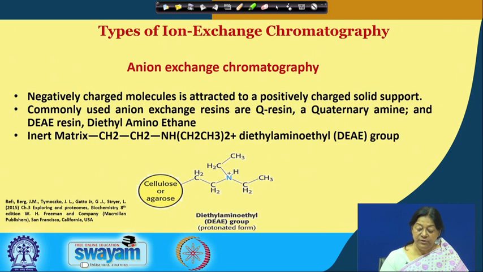Similarly, a negatively charged protein is going to be attracted to the protonated form of the DEAE group. So, once the protein is ionically attracted to the specific bead and the rest of the proteins or the mixture of proteins has flown out, the separation is now going to involve the isolation or the elution of the attracted protein, or the bound protein, off the bead.